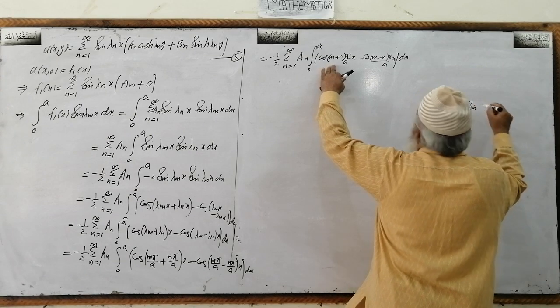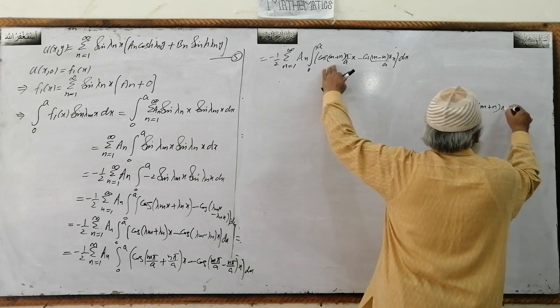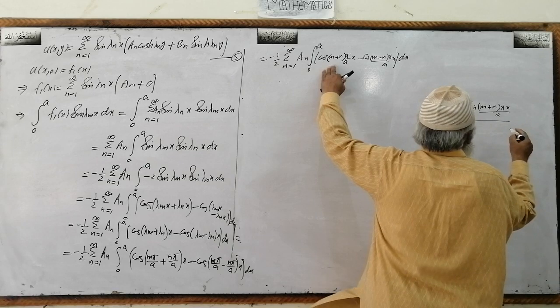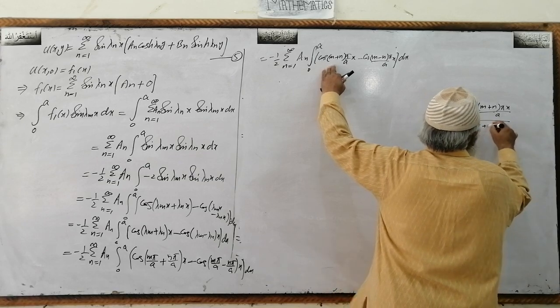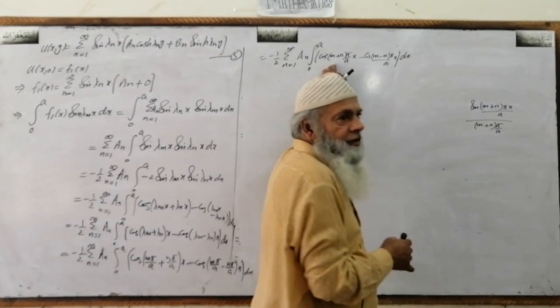This becomes sin (m plus n) pi x over a, divided by (m plus n) pi over a, dividing by the derivative of the angle.